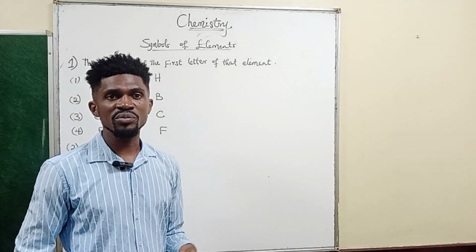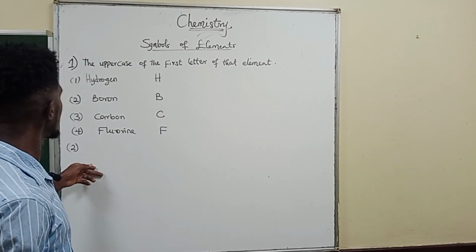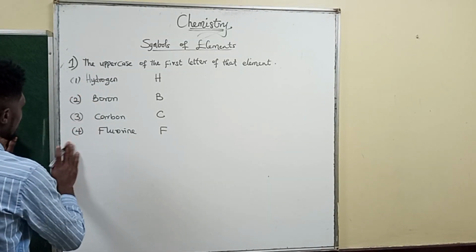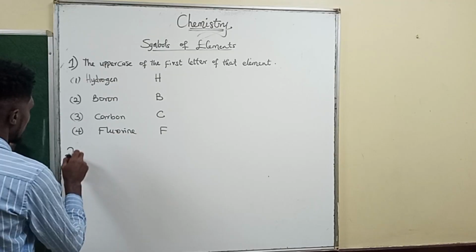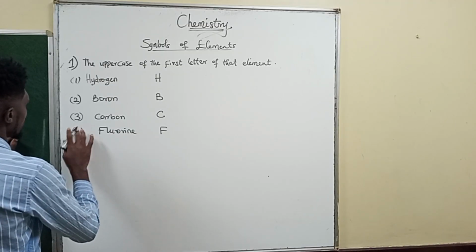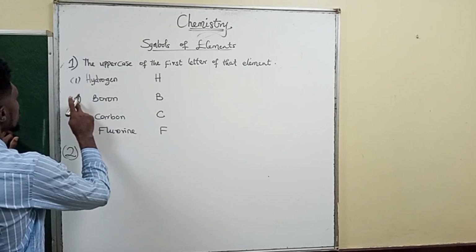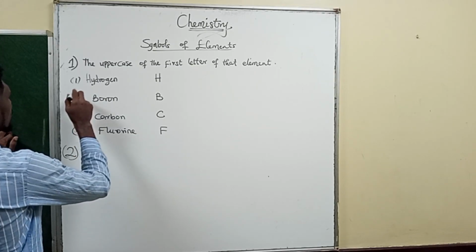So the second way in which symbols of elements are being written is what? Let me use IV here, Roman numerals, so that we do not mistake it. Okay?